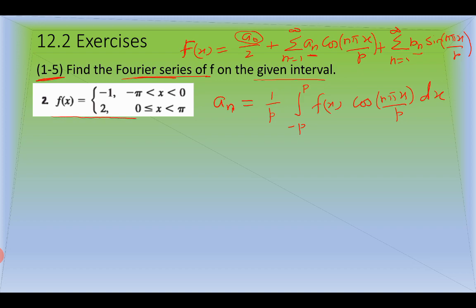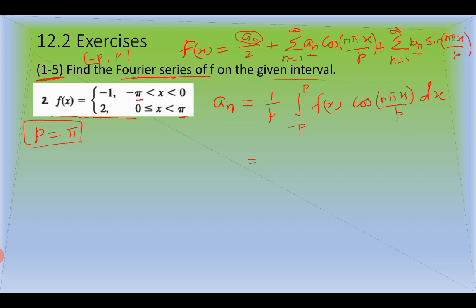What is your p? P is pi from this problem, because the given interval must be negative p to p. So half length is pi.